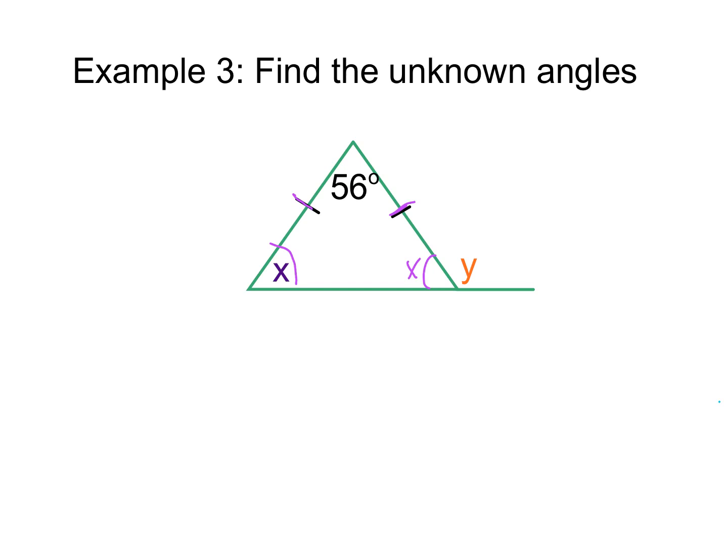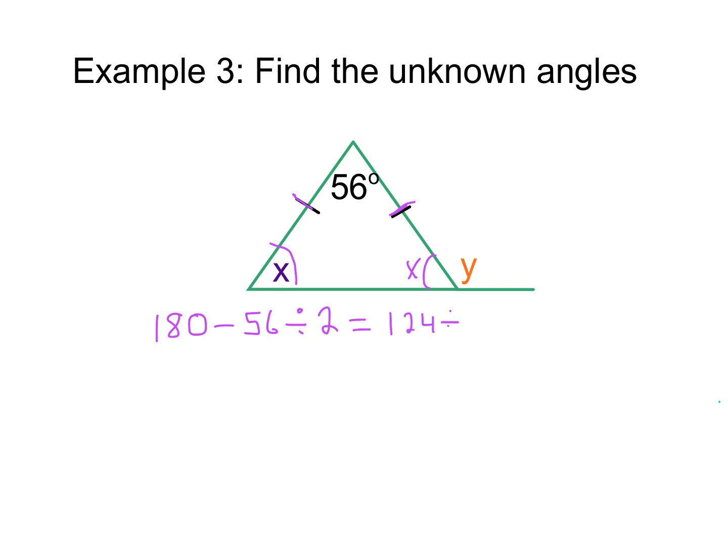Even though we have 2 unknown angles, we can find both because we take 180 for the whole triangle, subtract 56 for the top angle, and then divide whatever's left over by 2, in other words, divide it equally into 2 of the same angles.